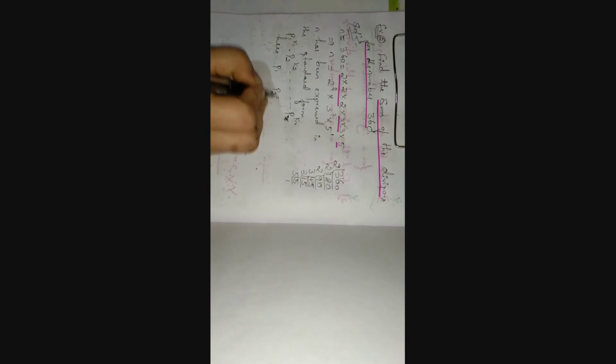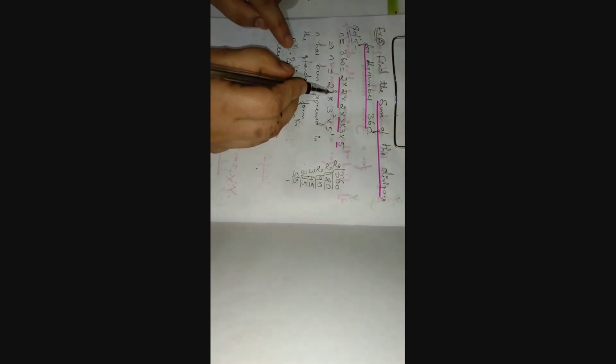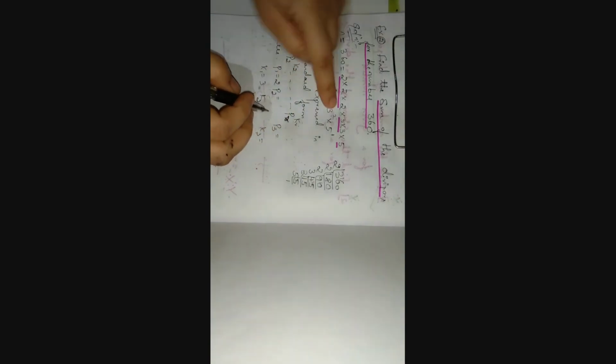Here, what is P1? What is P2? What is P3? What is K1? What is K2? What is K3? If you compare this one with this, tell me, P1 is what? 2, and the power K1 is 3. Similarly, P2 is 3, K2 is 2.